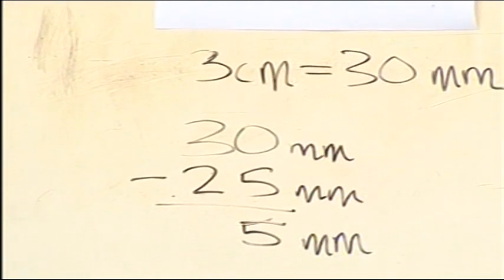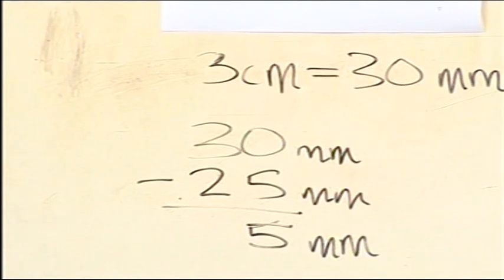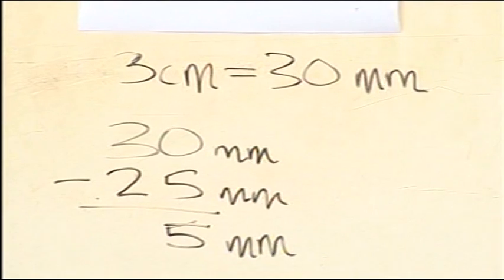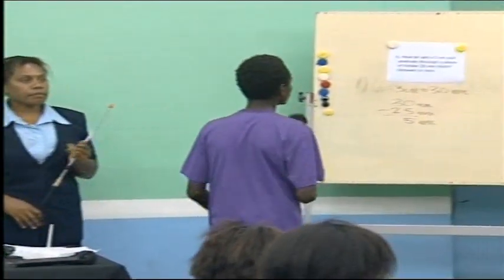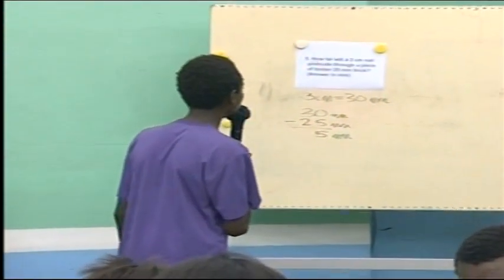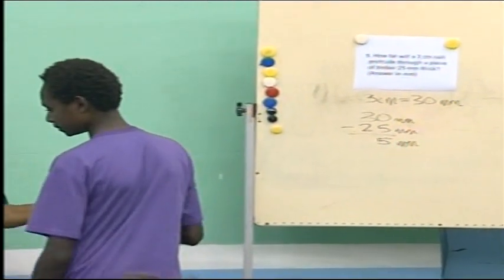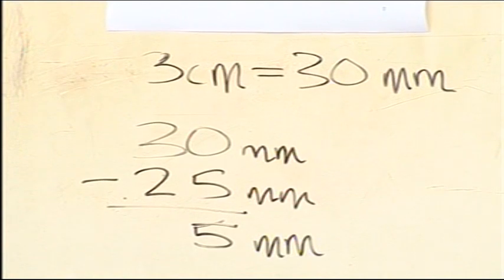Okay, Shannon, why did you change 3 centimeters into 30 millimeters? Because 3 cannot take away 25. Okay, thank you, Shannon. All right, you can go and sit down. Please give him 2 big claps.